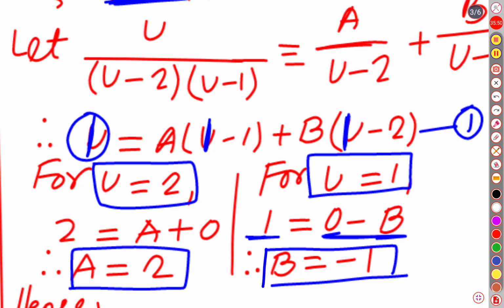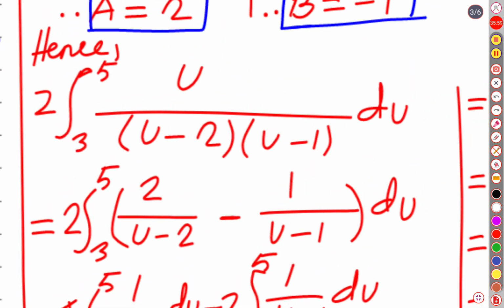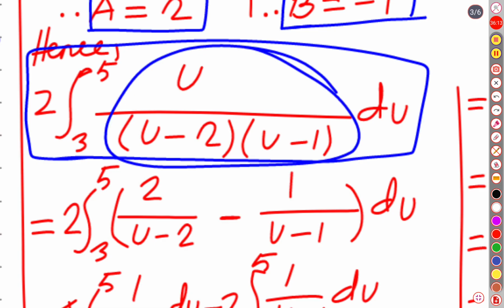Now we will substitute these values. This was our function, the expression which we are going to integrate. We have found that a is 2 and b is negative 1.